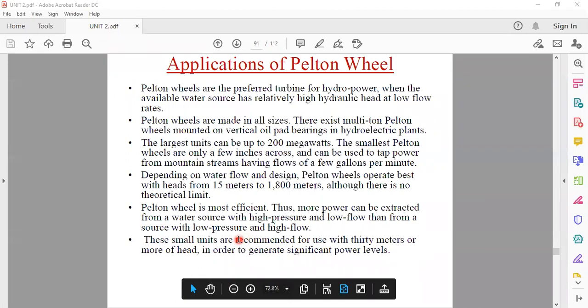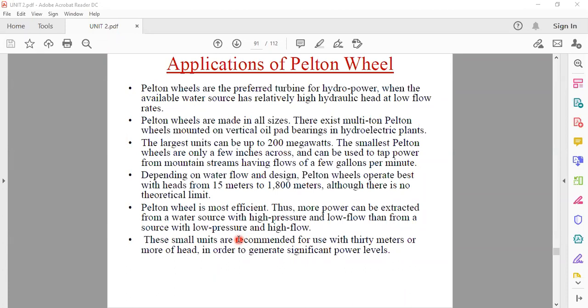Now, application of Pelton wheel. Pelton wheels are the preferred turbine for hydropower when the available water store has relatively high hydraulic head at low flow rates. Means we require high head for Pelton wheel. Pelton wheels are made in all sizes.